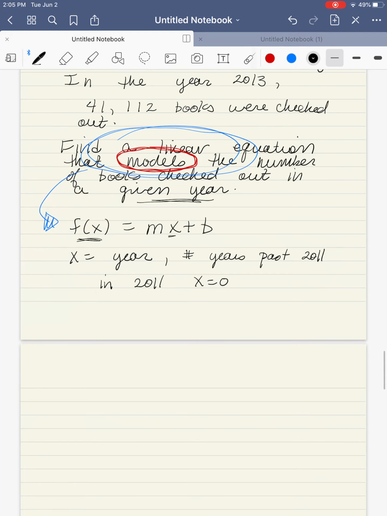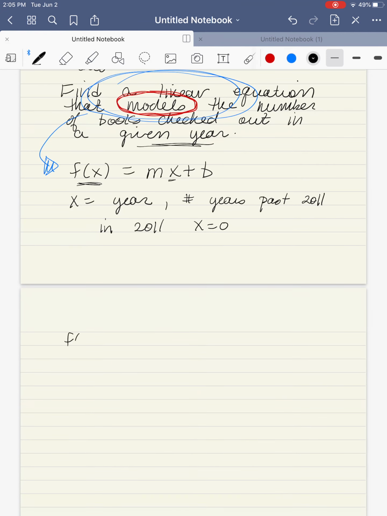We're also going to find our output here, our f of x. And we're going to see that our f of x, which is our output, our y, is the number of books. That's our dependent variable.